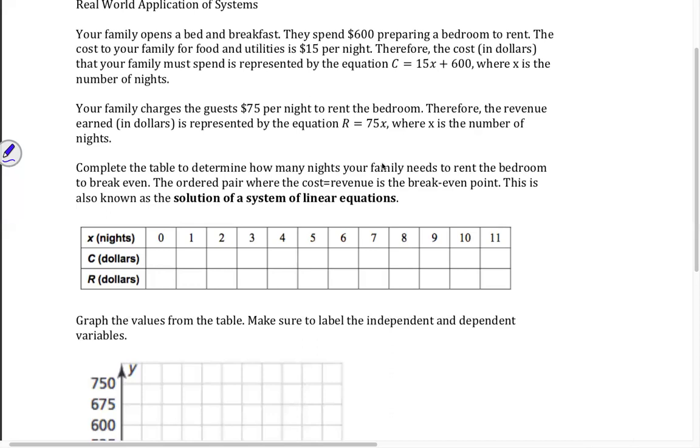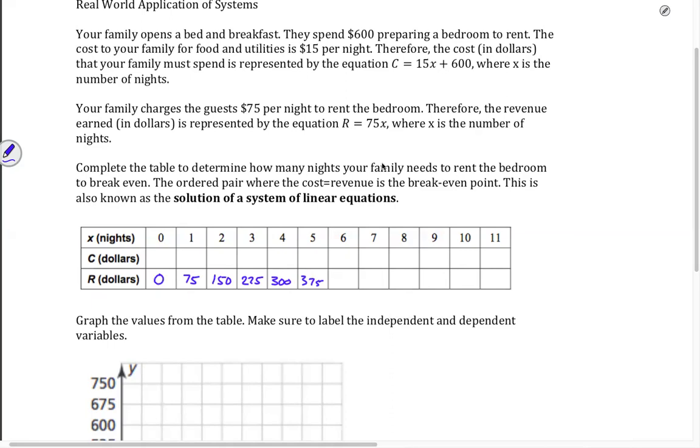Let's talk about revenue. If I rent it out for 0 nights, I make $0. If I rent it out for 1 night, I make 75. 2 nights, 150. 3 nights, 225, and so on and so on. So we could just keep counting by 75.